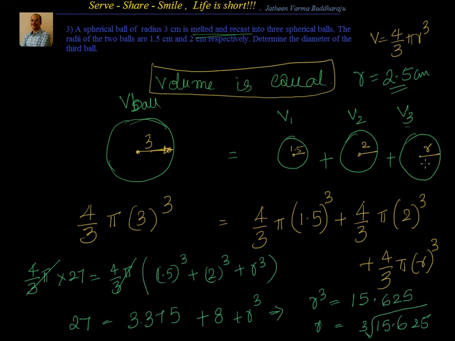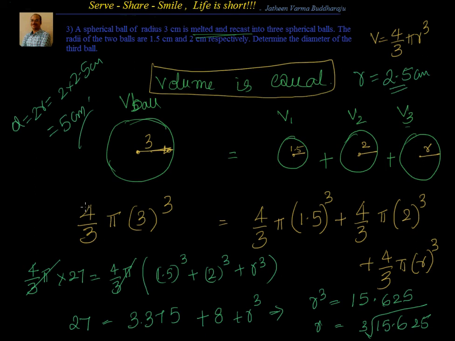So the third radius is 2.5 centimeter. We have been asked to find the diameter. So diameter equals 2 times the radius, that's 2 into 2.5 centimeter, which is 5 centimeter. So the diameter of the third ball is 5 centimeter.